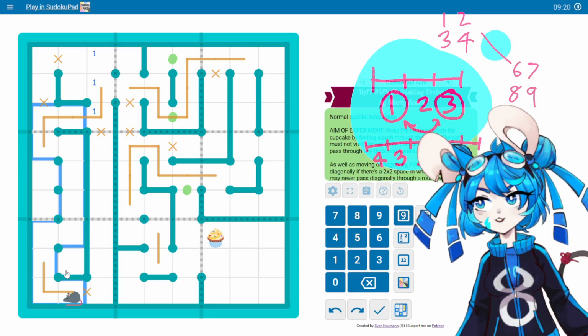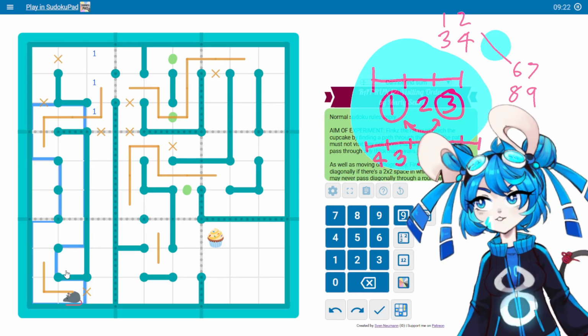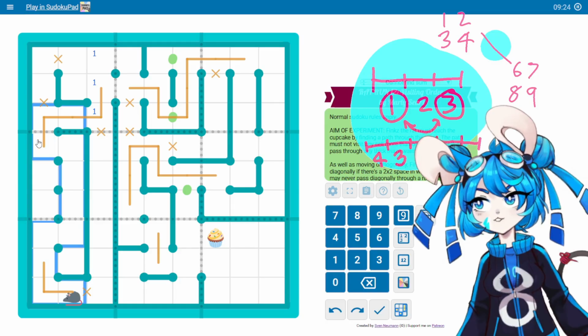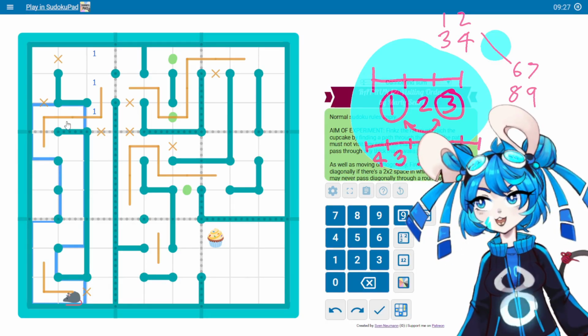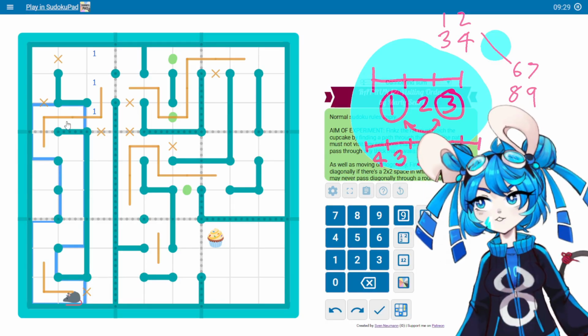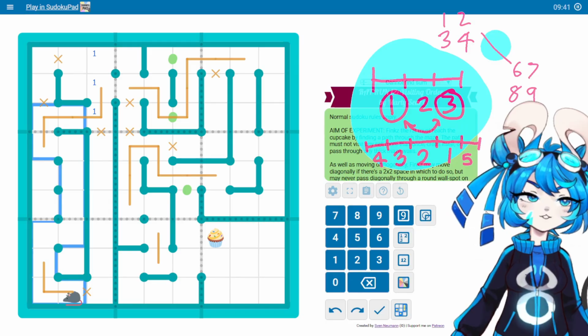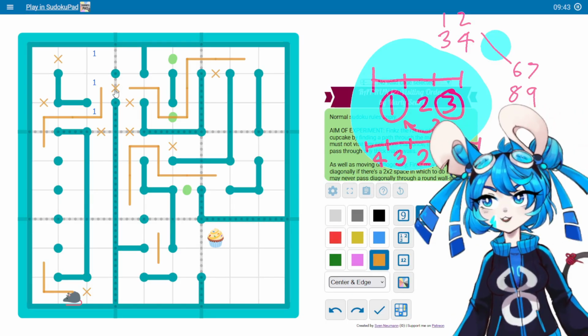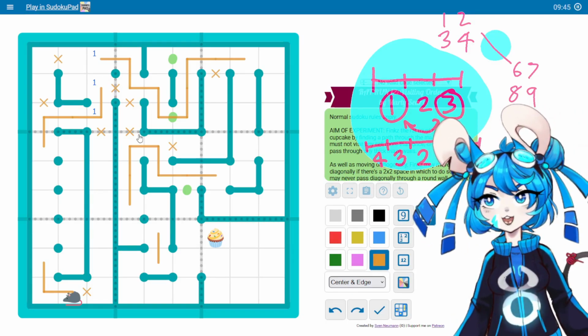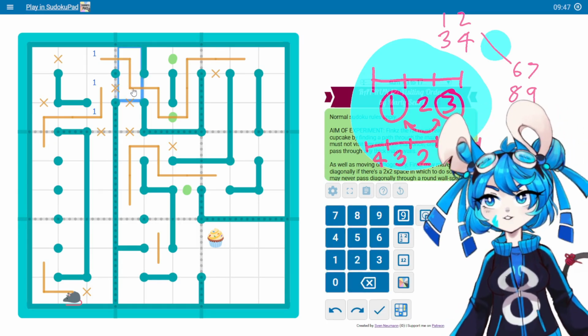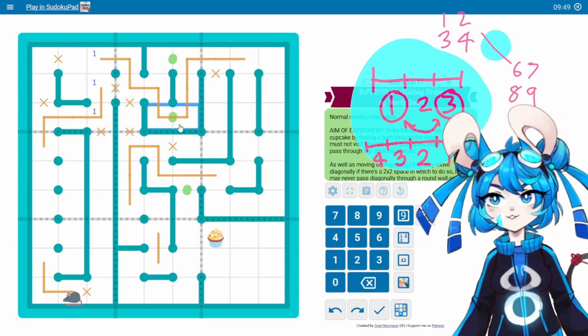If there's 11 cells total, there has to be a 5, a 4, and then the last 2 digits would have to be at least 6. So there's no way... Ooh. There's no way for this to go straight through here. It has to go this way. So this is at most 7.